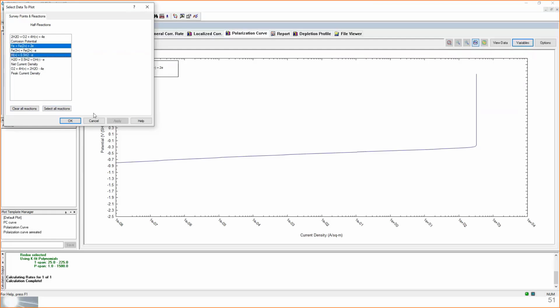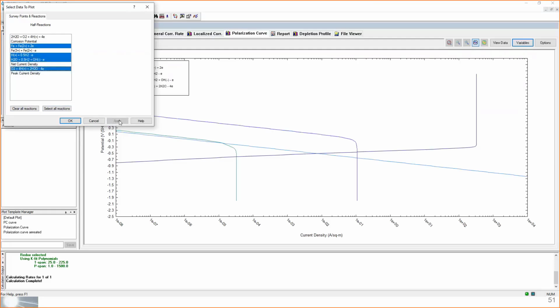Then we have the reduction of hydrogen. So we see it here. Then we have the reduction of water. We also have, I think, the oxidation of oxygen, the reduction of oxygen, and up here we have the oxidation of water. Okay, and all of these then are put all together.